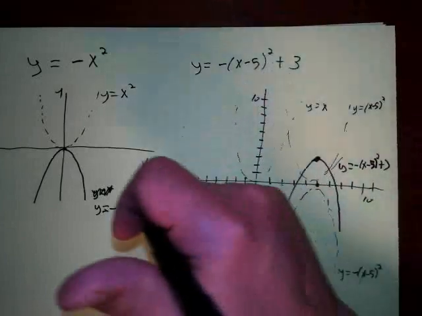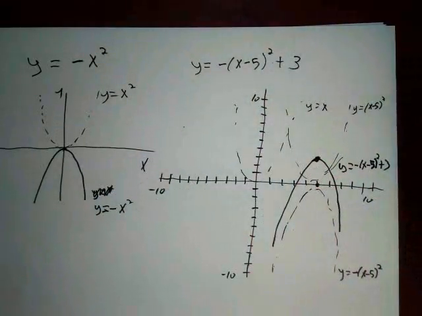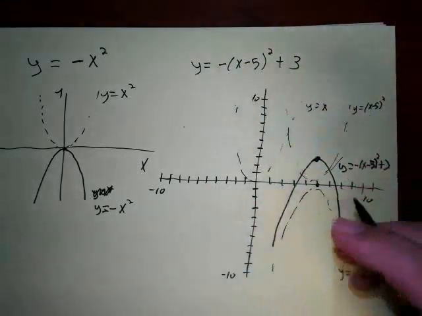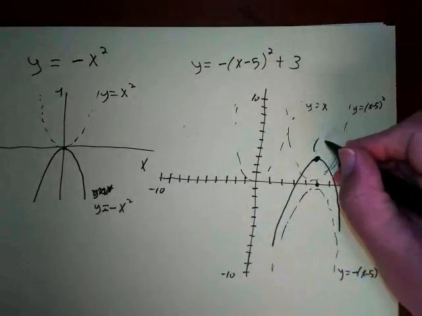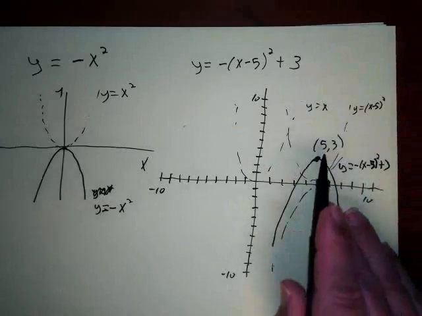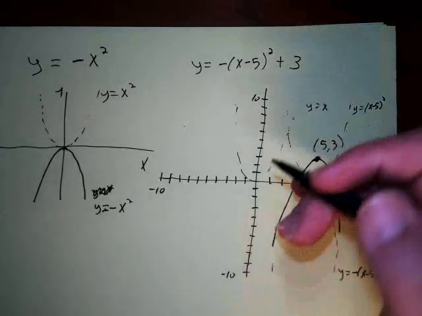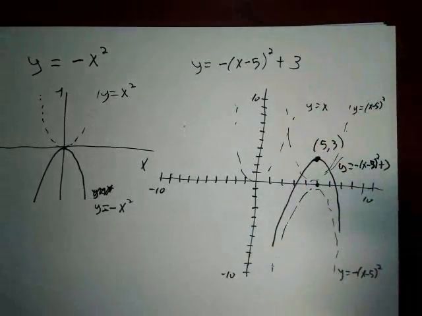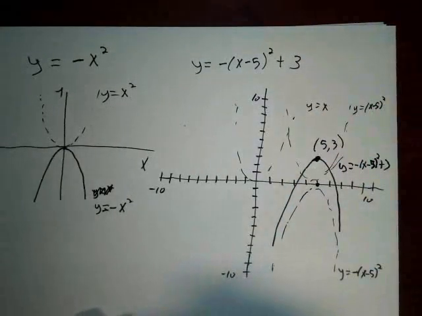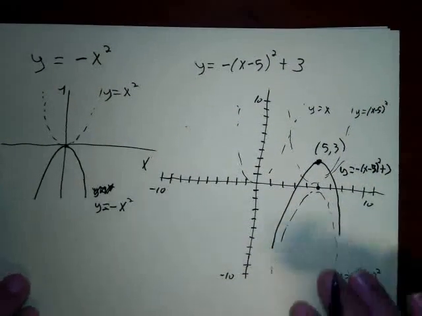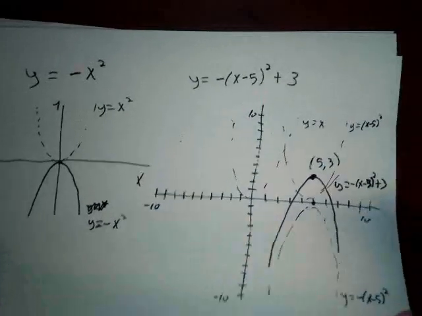I'm not worried about the scale on here so much. And the reason is because this is a rigid transformation. It doesn't change the shape of the graph. So like this is 5, 3. What's really the most interesting is the vertex is now this point. The graph is flipped over, and then you're moving it up 3. So those are rigid transformations.